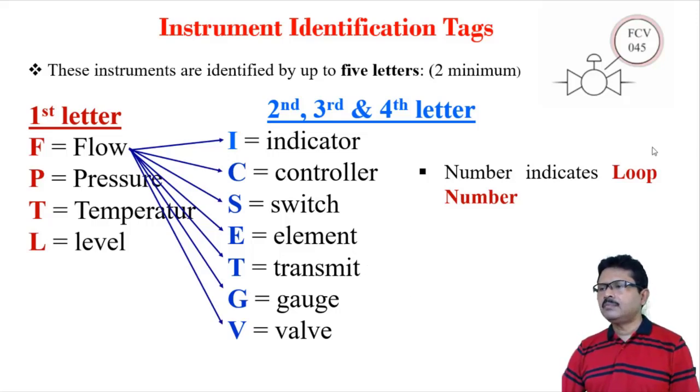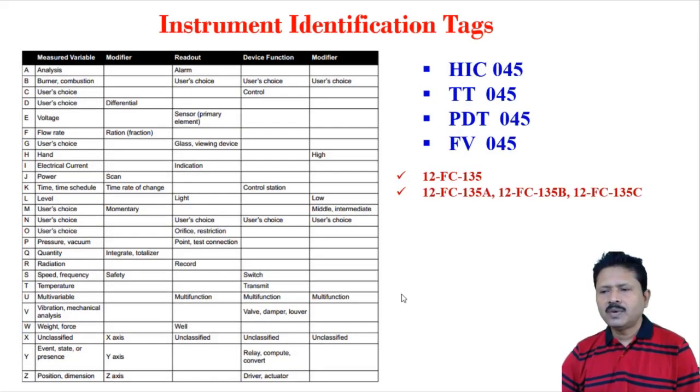In the tag number we can see a particular number. Here in this case it is 045. This number indicates the loop number, meaning in which loop the instrument or the controller is related. There is a chart from where we can get information regarding the different alphabets starting from A to Z, and when each will be used in first place, second place, third place, fourth place or fifth place.